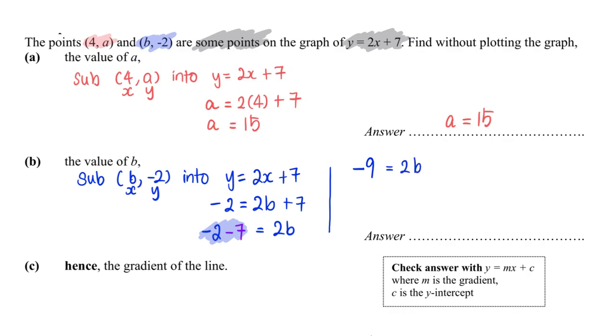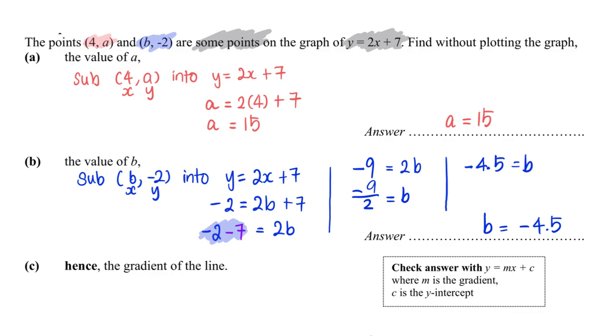After which I'm going to divide by 2 on both sides, so that -9 divided by 2, and I will get my b. And this will be equal to -4.5. So my b is -4.5.